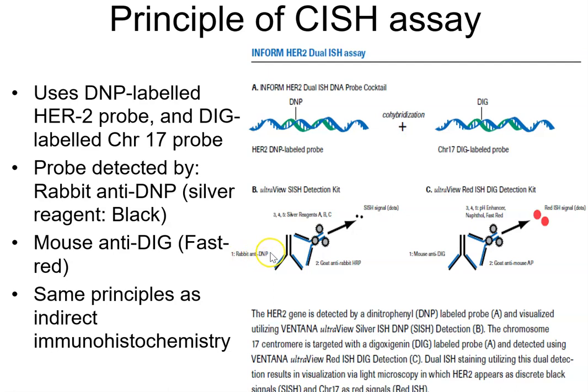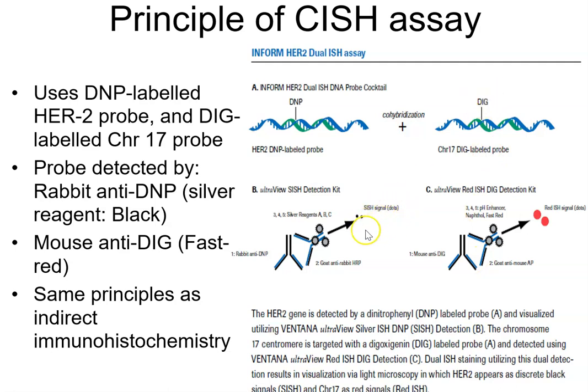So this is rabbit anti-DNP that's going to bind here, and this is mouse anti-digoxigenin, which is going to bind here, and then we use a secondary antibody linked to an enzyme. So we've got goat anti-rabbit horseradish peroxidase, which will bind to this primary antibody, and then goat anti-mouse alkaline phosphatase, which recognizes this antibody bound to digoxigenin.